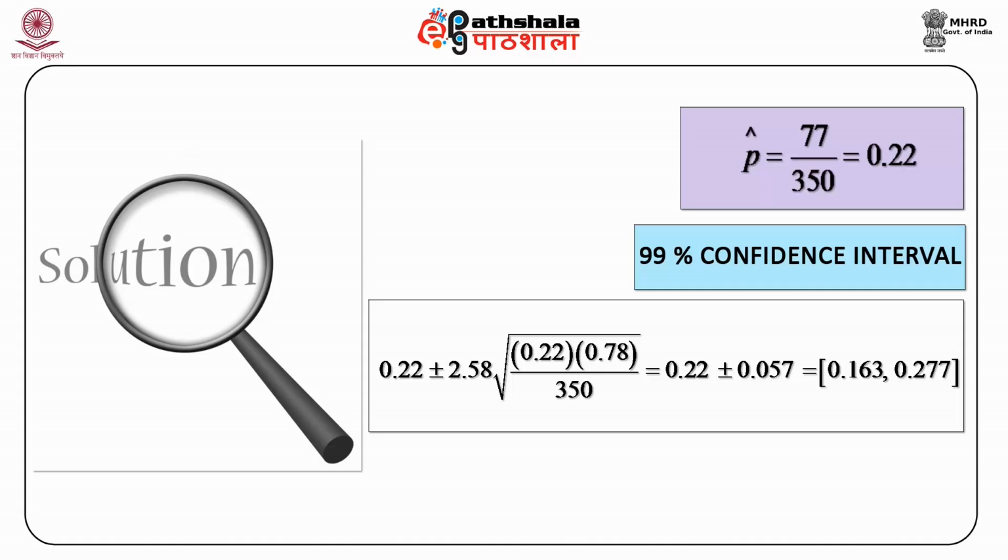So the lower limit is 0.167 and the upper limit is 0.277. Since 0.25 lies in the interval 0.163 to 0.277, the 99% confidence interval supports the magazine report.